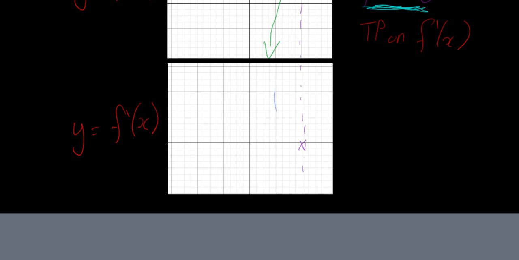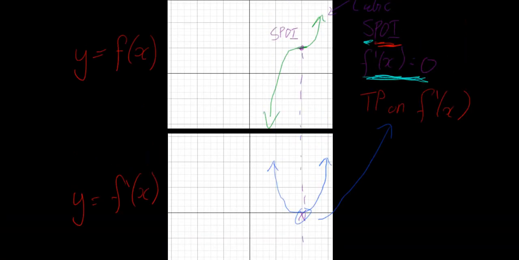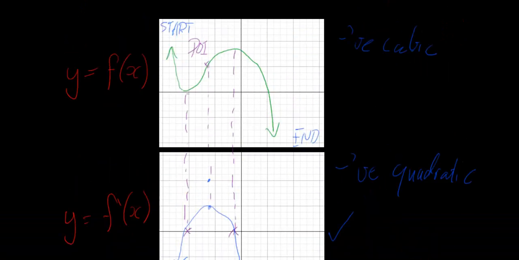We're just going to draw a parabola. We have a turning point at that x-intercept as well, because we know that this must be a turning point due to this factor over here, where there's a turning point also where it hits the x-axis. So that's about it, really, and yeah, I hope this helps.